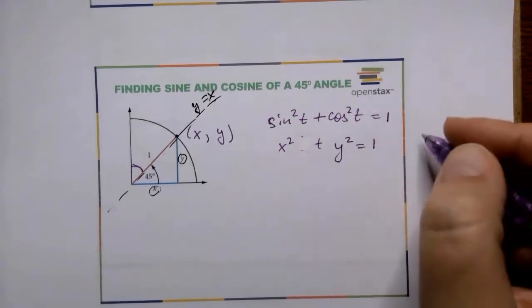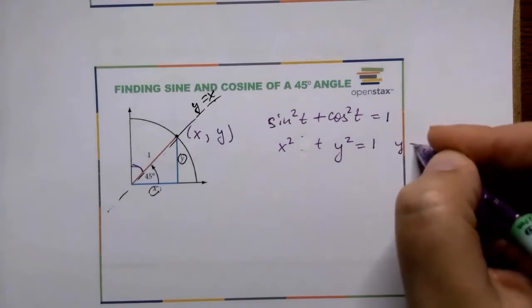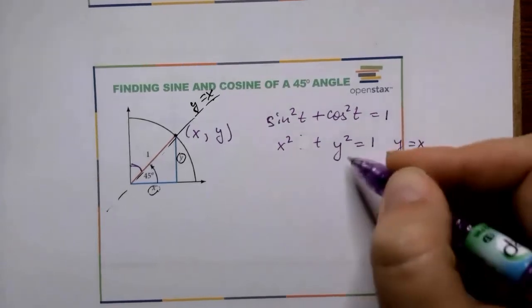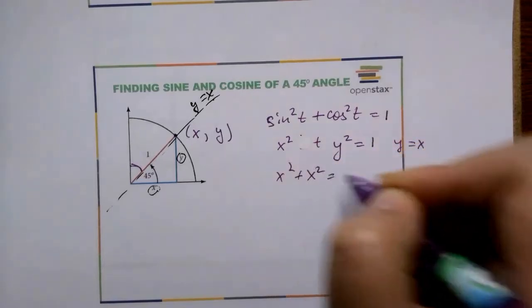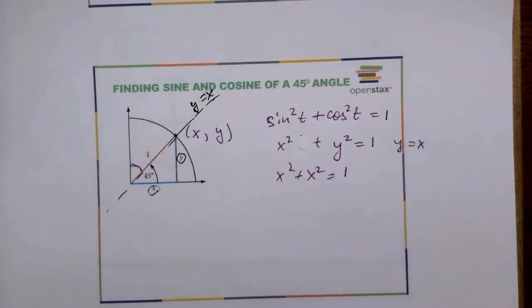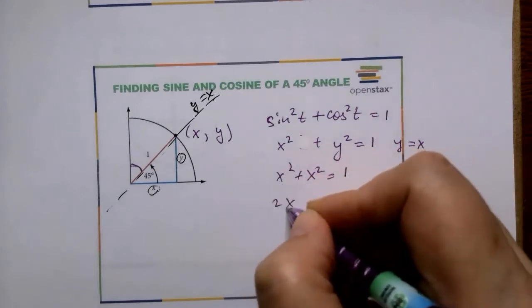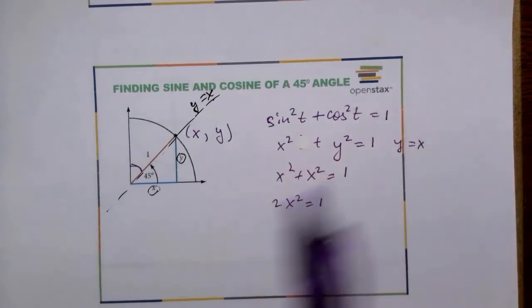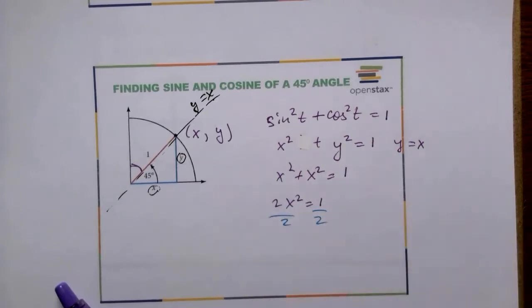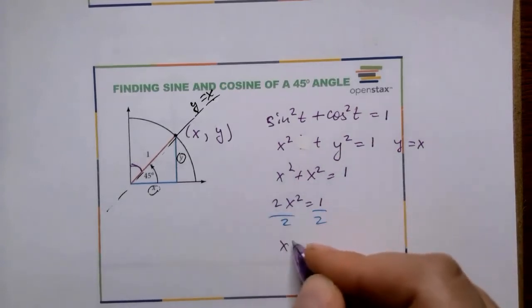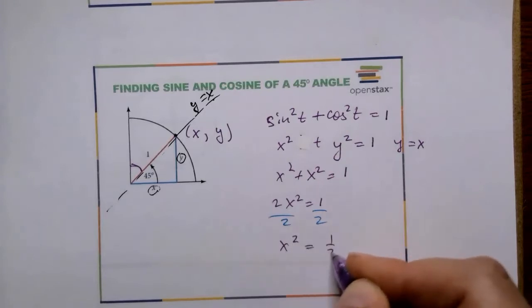But we also know that y is the same as x, so we could replace it with x squared, and that will still equal 1. So we have 2x squared equals 1. Dividing both sides by 2 gives us x squared equals 1/2.